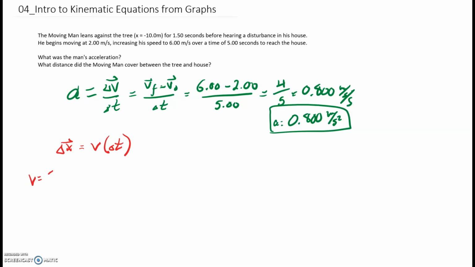That comes from rearranging the definition of velocity. However, this is a constant velocity equation. It only works if I'm moving at a constant speed, which we've already clarified is not happening. So I cannot use this red equation to find my distance. We don't have the tools in our toolbox yet. So let's use graphs to expand our toolbox.